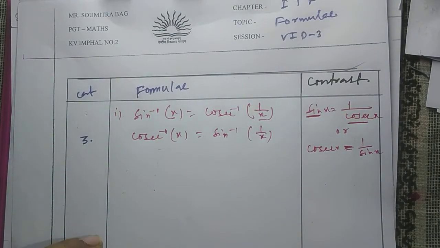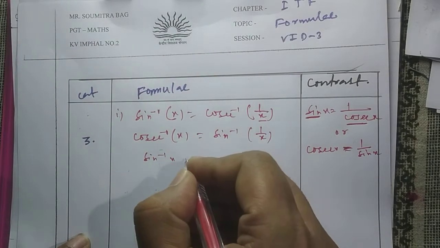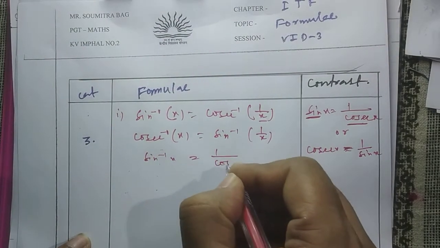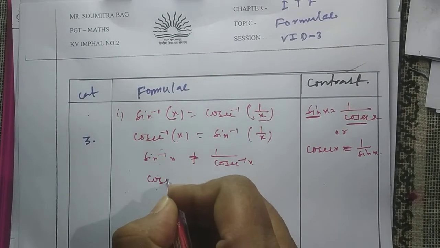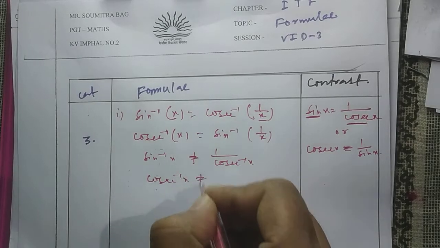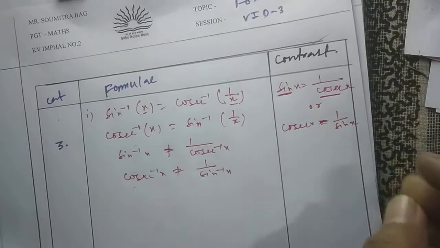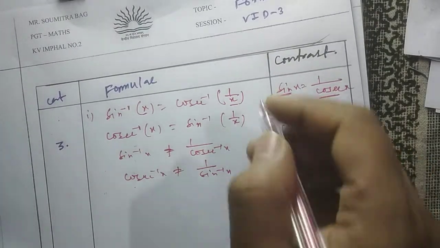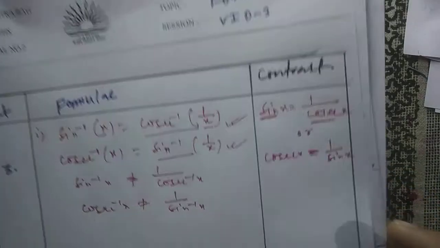Don't write sin inverse x equal to 1 by cosec inverse x. It will not be. Similarly, cosec inverse x is not equal to 1 by sin inverse x. It will not happen like that. This is the correct one. So you have to remember these two formulas.